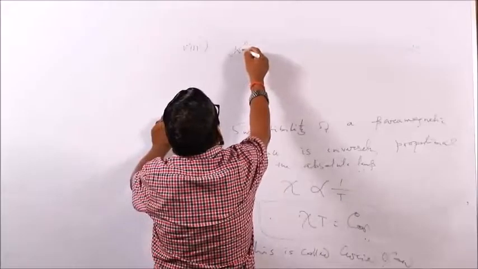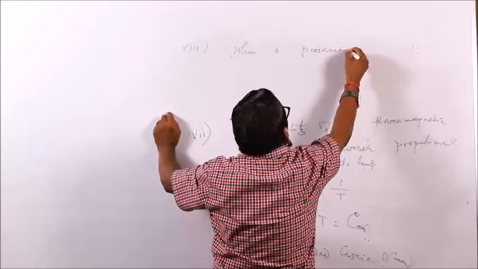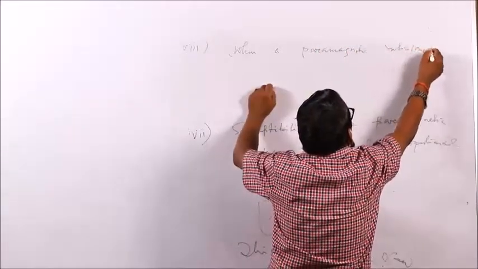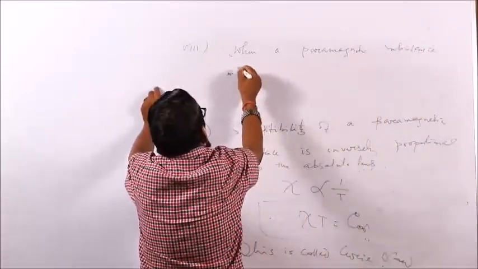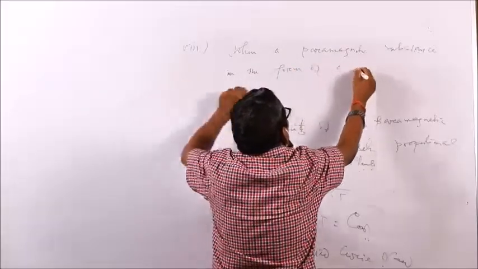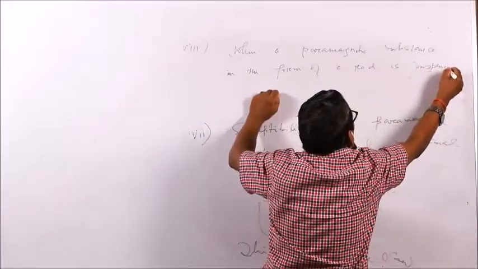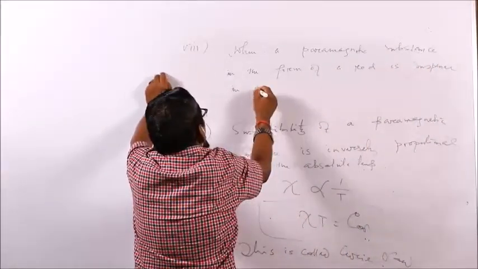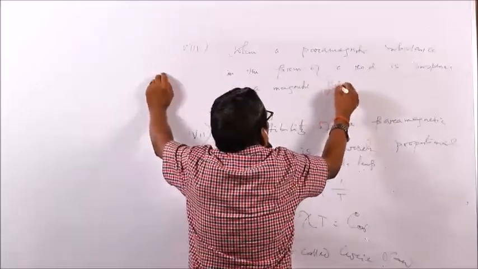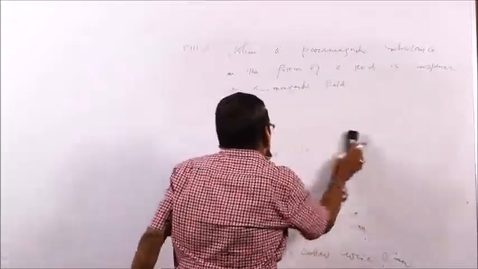When a paramagnetic substance in the form of a rod is suspended in a magnetic field, it remains parallel to the magnetic field.